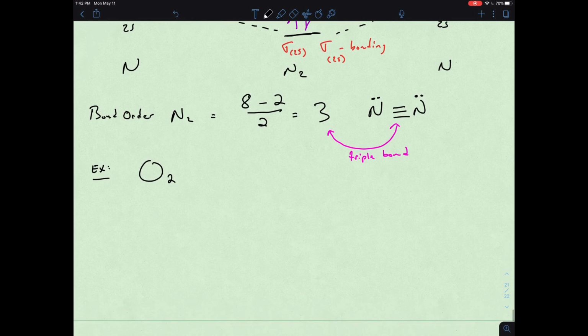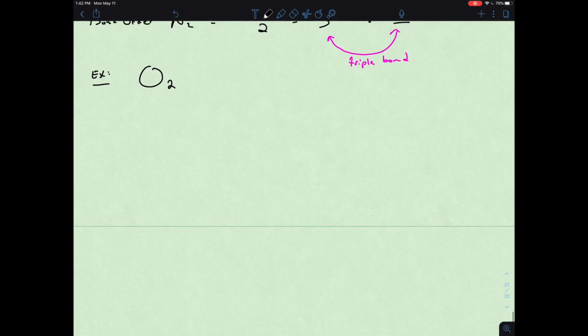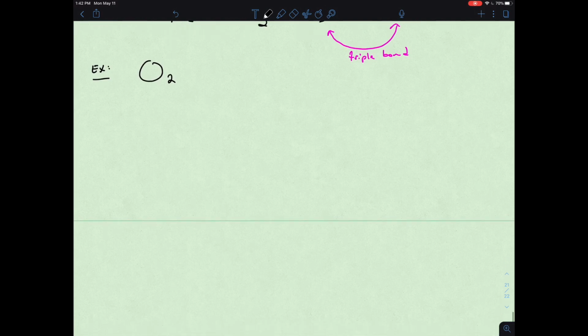So let's look at oxygen. Oxygen has a somewhat different setup to our nitrogen. Similar in certain cases in terms of the valence shells, the 2s and our 2p sets.